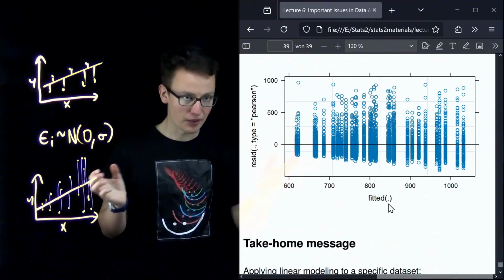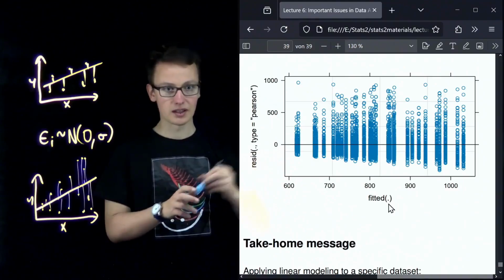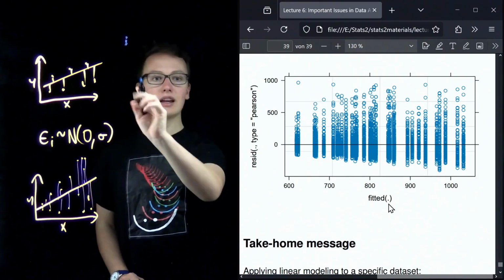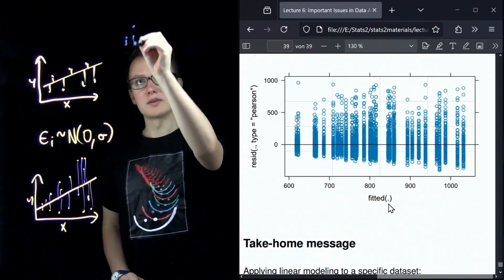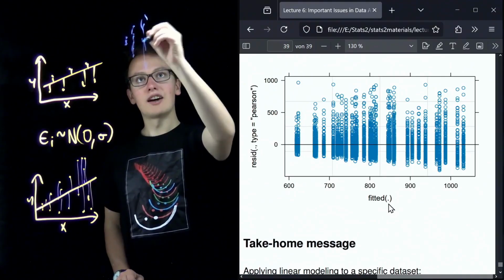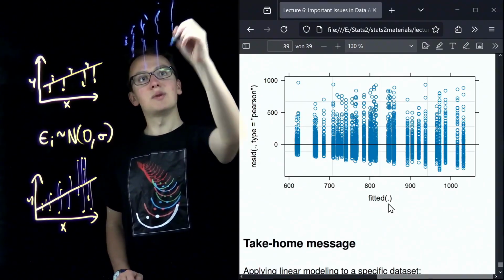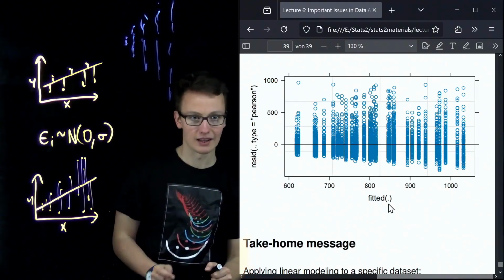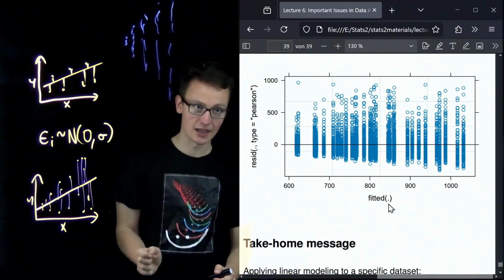Let's say, for example, we would see a plot where there's a little bit of variation for smaller predicted y values, but then more spread in the residuals as we get to larger predicted y values. This would be an extreme case of homoscedasticity being violated. This is clearly not homoscedastic.